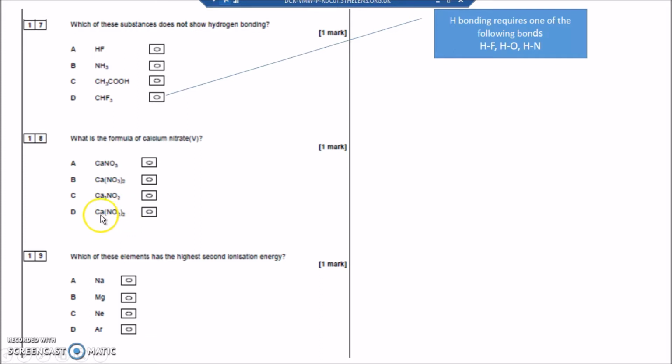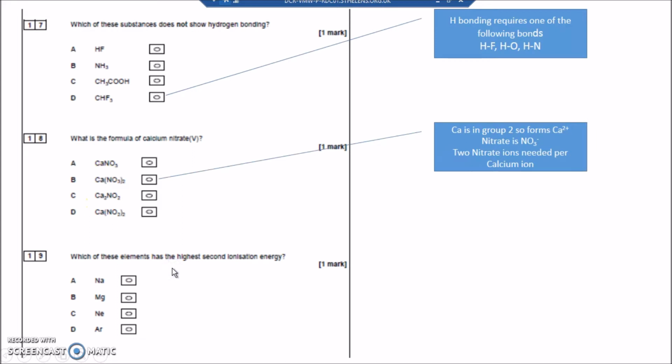Calcium is in group 2, so 2+ oxidation state. 4 oxygens each in -2 oxidation state is -8. Calcium is in +2, so that leaves +6. The nitrogen is in +6. So you could have worked it out from that 5 there that it's B. Or you could just know that nitrate ion is a 1 minus ion. You'll need 2 of them to balance out the Ca2+.